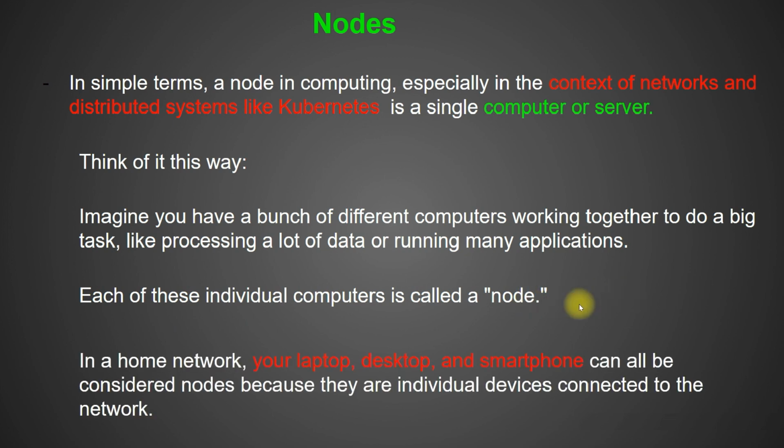Let's take an example at home. In a home network, your laptop, your desktop, and your smartphone can all be considered nodes because they are individual devices connected to a network. Now, I'm just going to give you a simple demonstration.